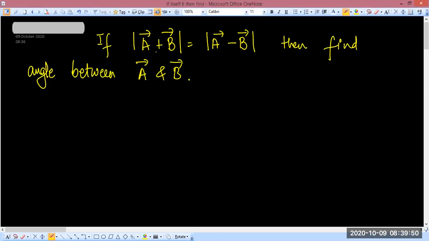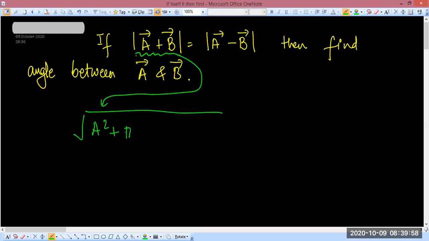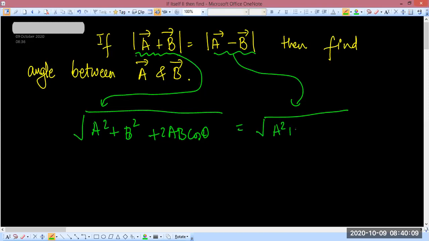So here we go. First of all, we will use the formula for this. It is under root a square plus b square plus 2ab cos theta. Now we'll use the formula for this, so that is equal to under root a square plus b square minus 2ab cos theta.